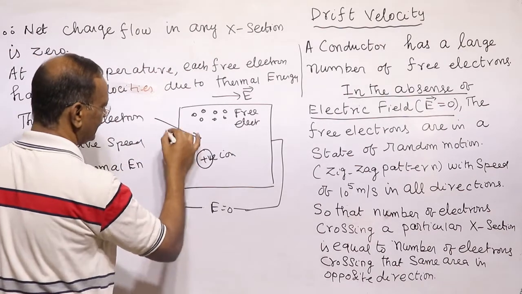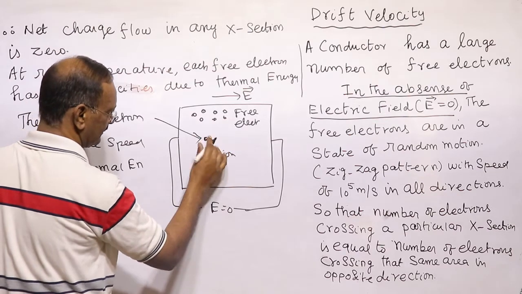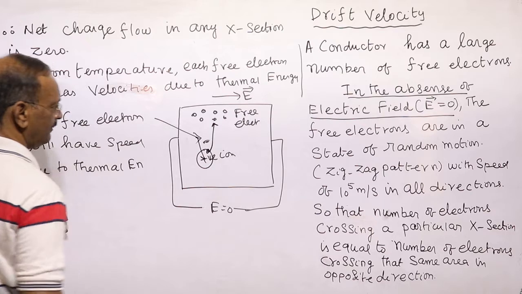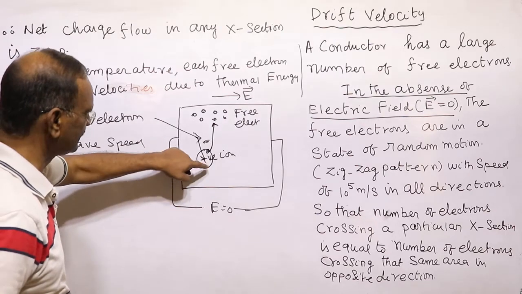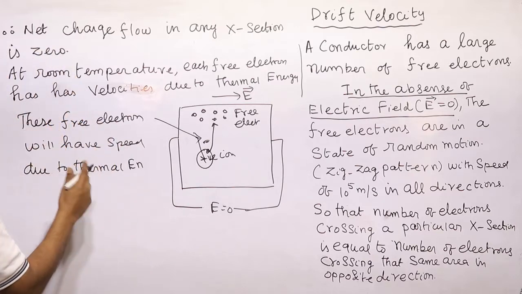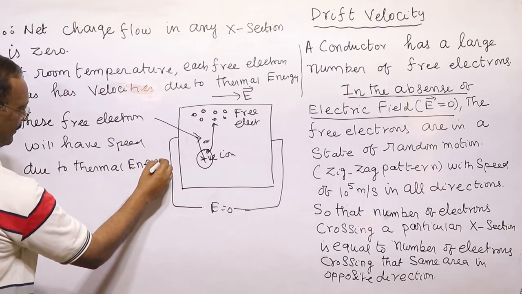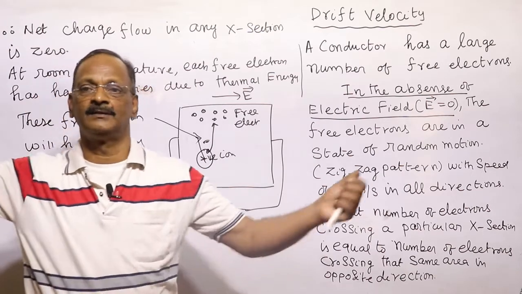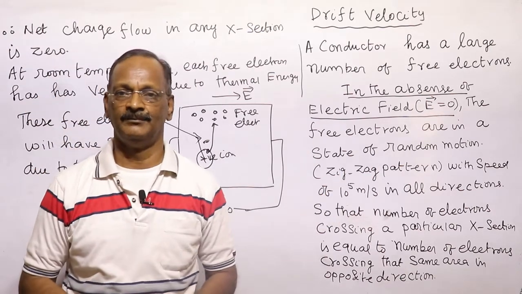At room temperature, thermal energy is given to the electrons in the atom, and the free electrons are released. Because of this thermal energy, the electron is released from the atom and becomes a free electron. So thermal energy means they will move in all possible directions, in all random directions.